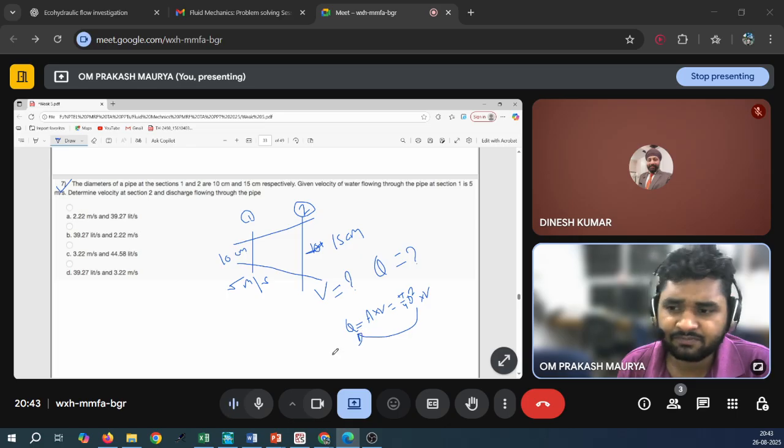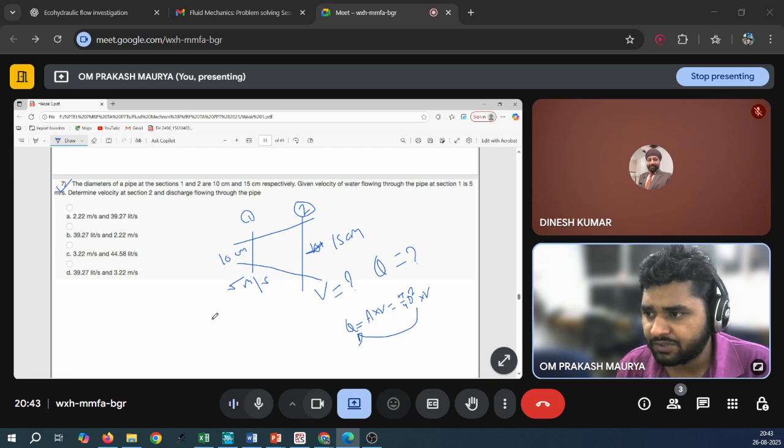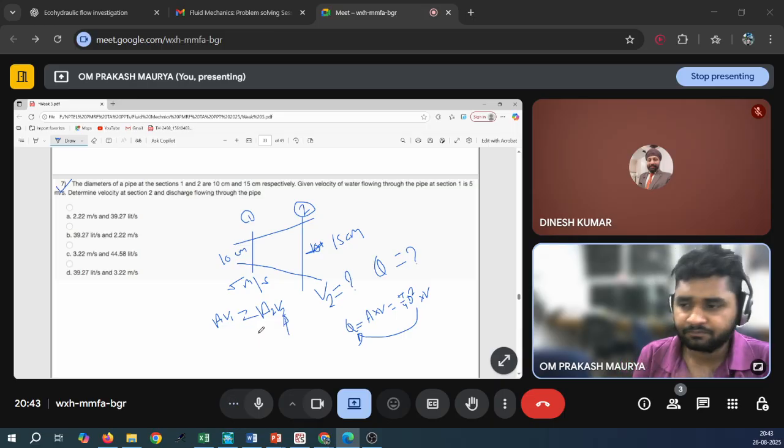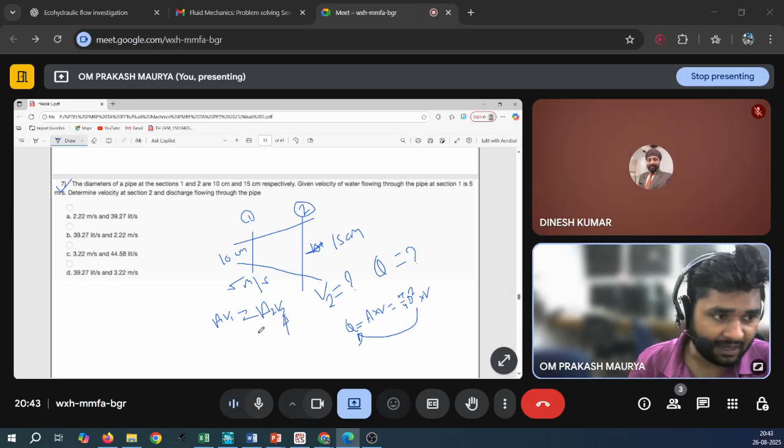Now from the continuity equation, A1 V1 is equal to A2 V2. From here you can calculate V2, the velocity at section 2, because you know the areas everywhere. So this is a calculative question.